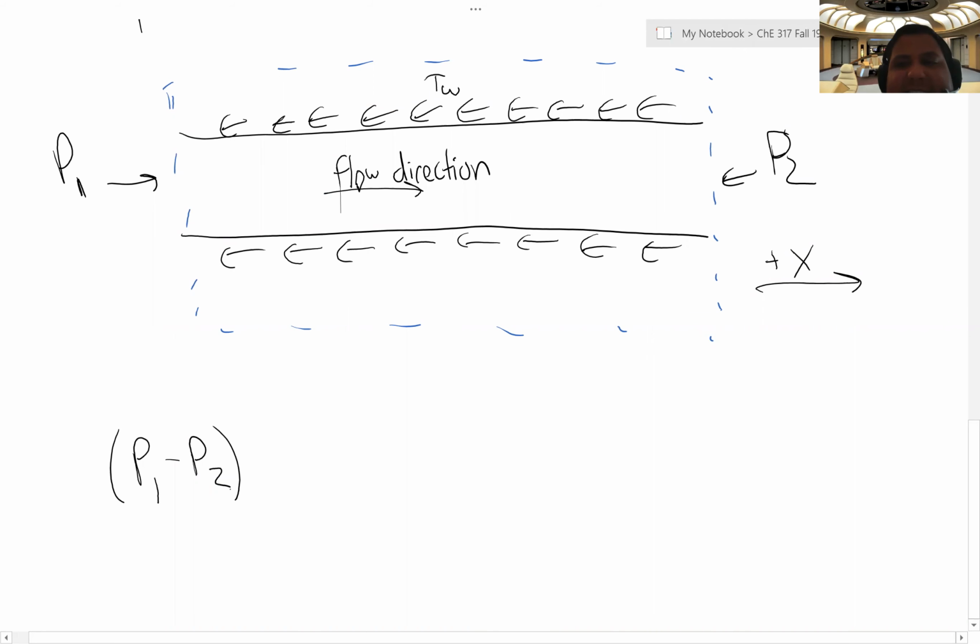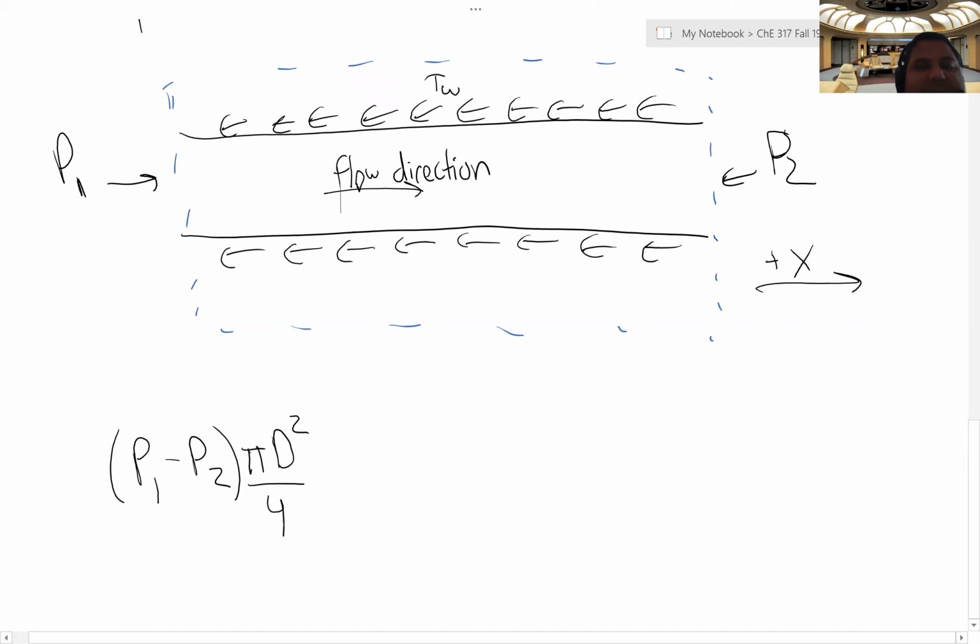And since I'm interested in terms of a force, and pressure is a force over an area, to get the force I multiply it by the area on which it's acting, which for this system would be the cross-sectional area, or I can simply say pi d squared over 4.